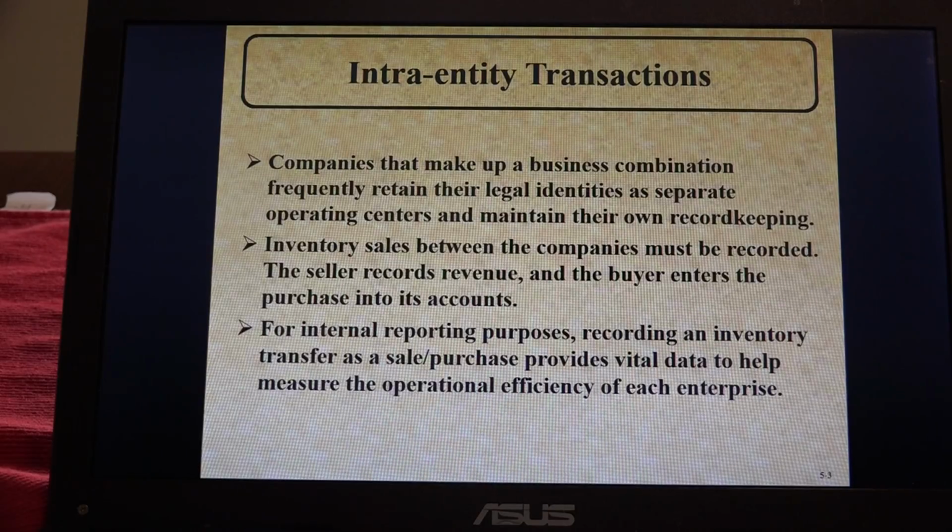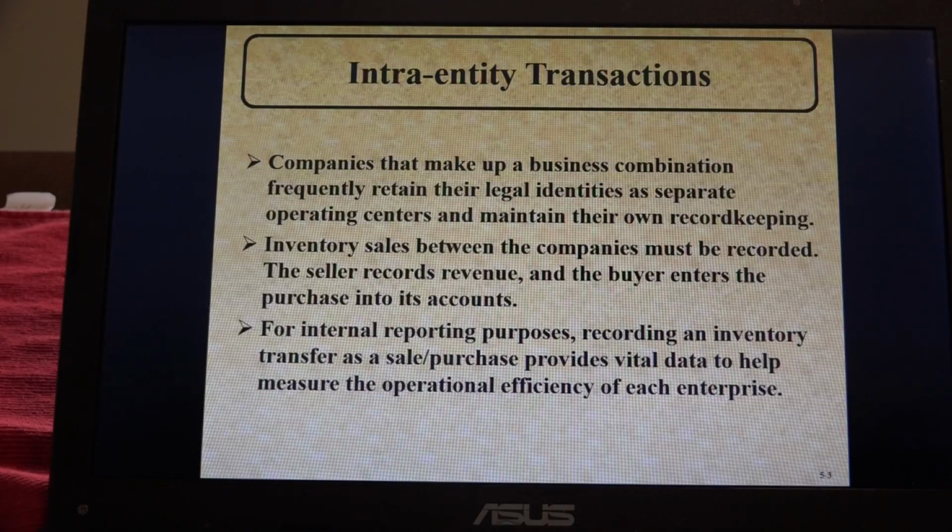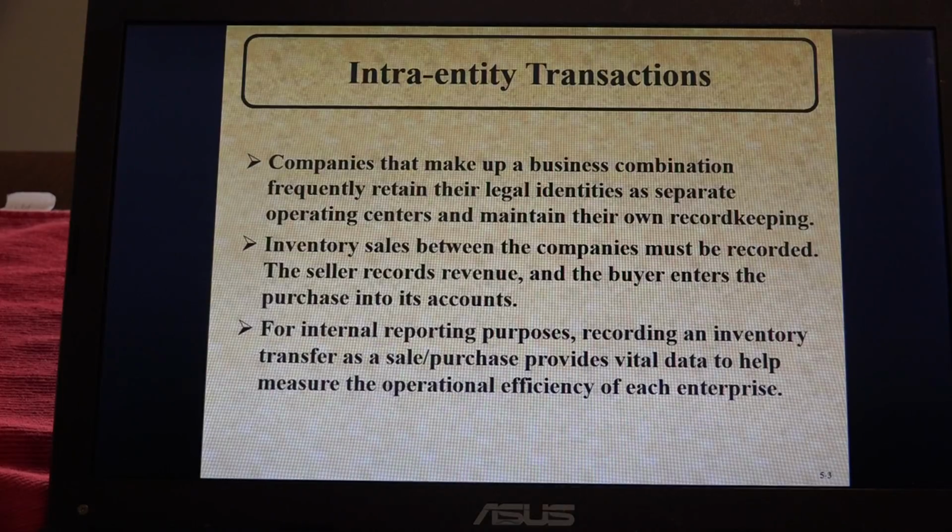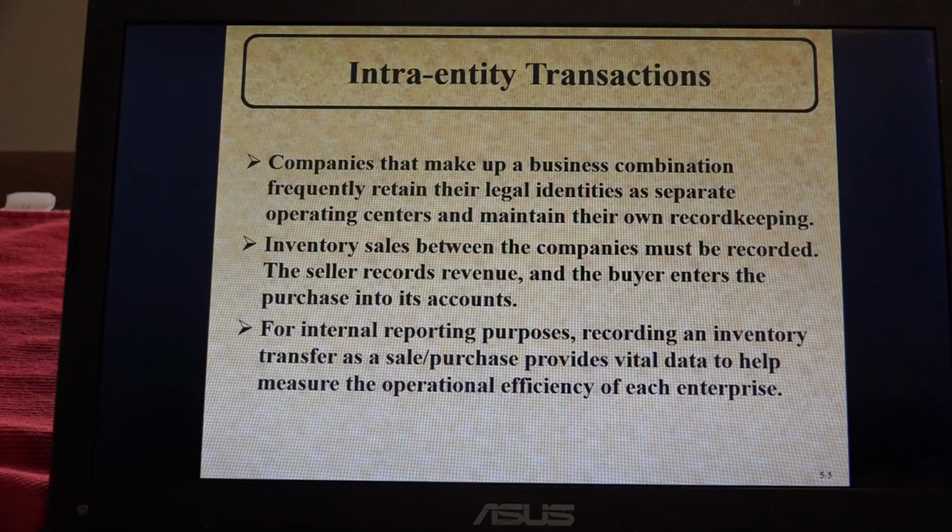And so again, think of these companies as one unit, even though they have separate accounting records. Remember, both companies continue to exist and have separate record keeping. And so inventory sales between the companies are recorded, and of course the seller is going to recognize sales revenue while the buyer is going to recognize a purchase into its accounts.